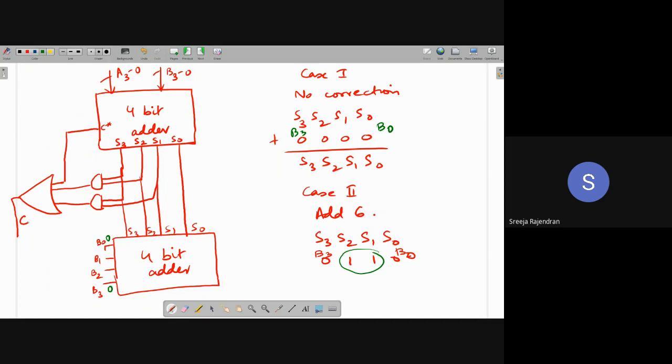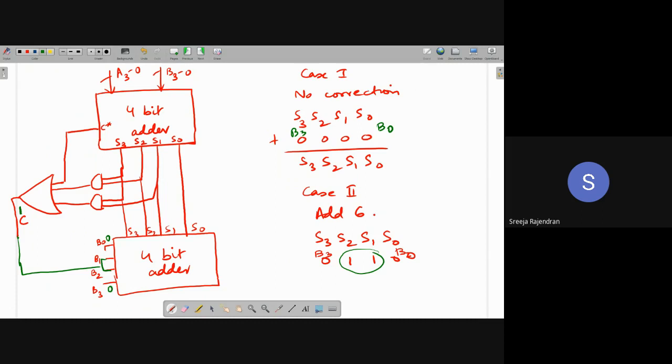What is coming out of the gate will be a 1 if I need to do correction. That I can give combined as input to these two. So if C is 1, it will be 0, 1, 1, 0. And when is C generated as output?